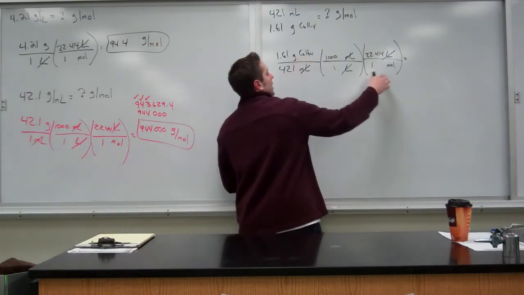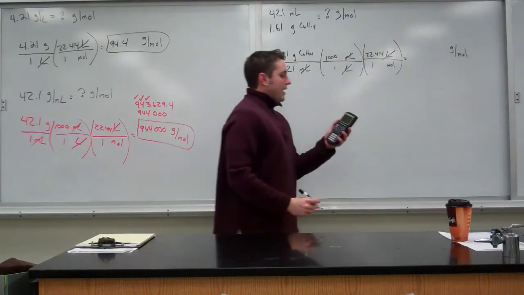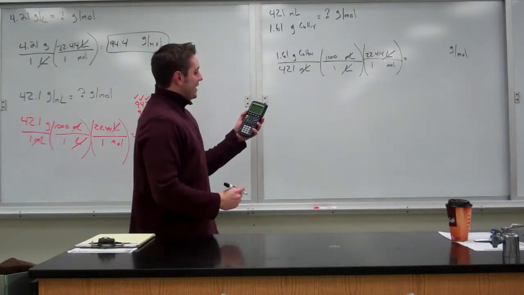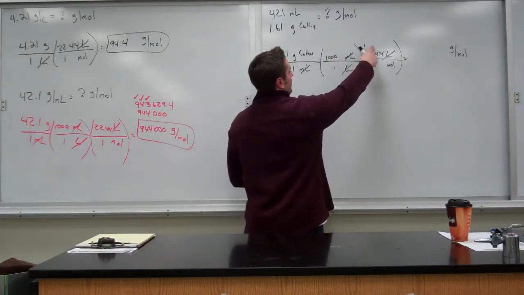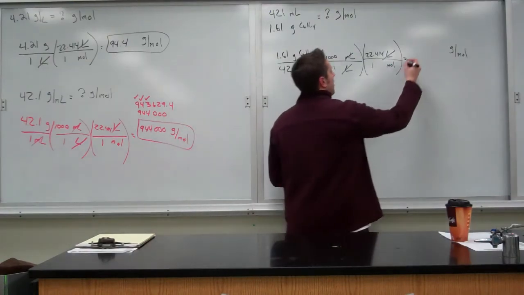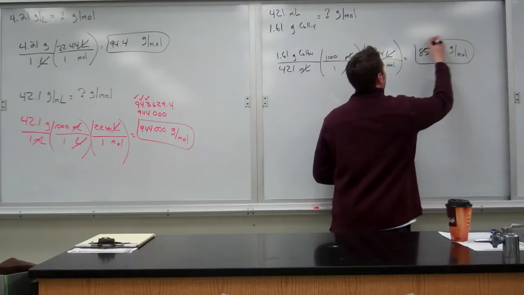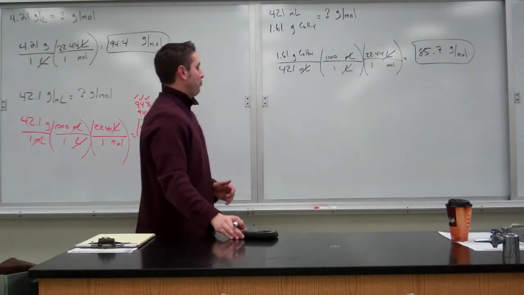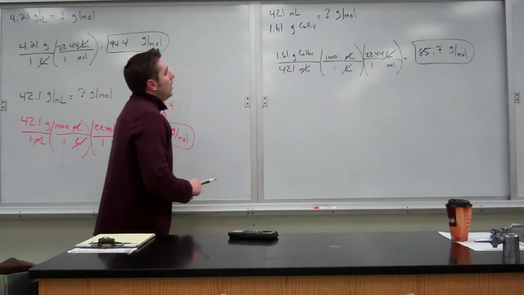Unit, grams, and moles don't cancel, so grams over mole. My calculator says 85.716. I get 3 sig figs, 3 sig figs doesn't hurt me, 5 sig figs. Right? So 3 sig figs means I will say that this has a molar mass of 85.7 grams per mole. Moving on.